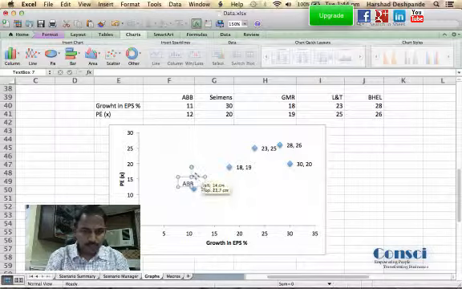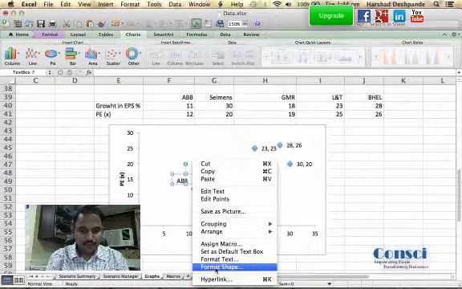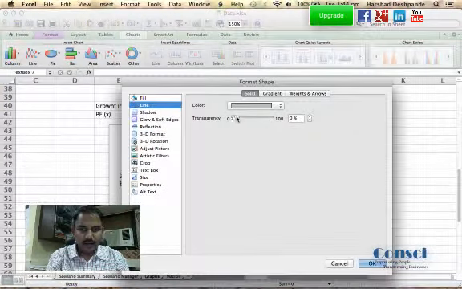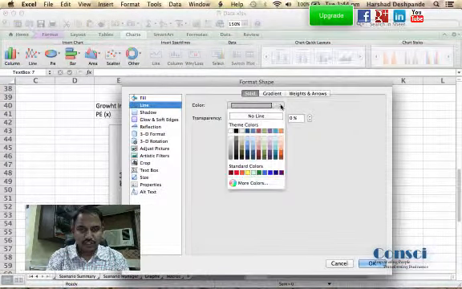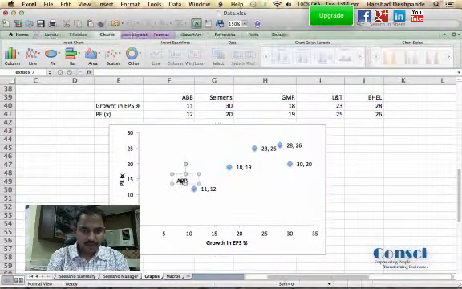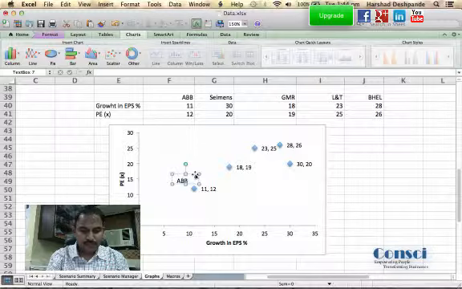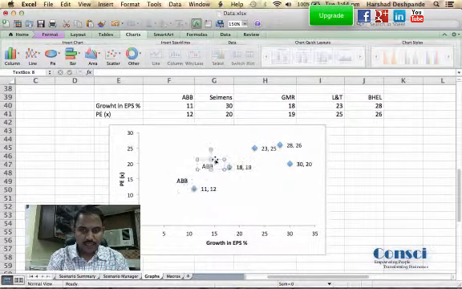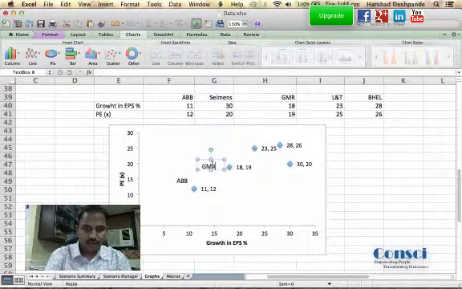making its location proper, right clicking on this, format shape, and setting transparency, and I don't want any line around it. So this is my ABB, and just copying this and I'm saying paste and dragging it over here. So 1819 is GMR, so I'm typing in GMR over here.